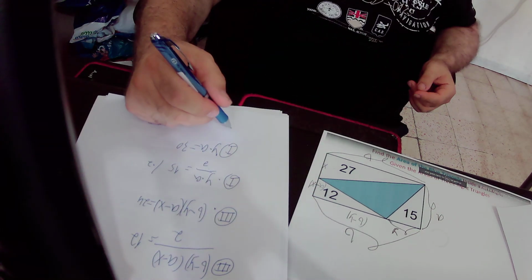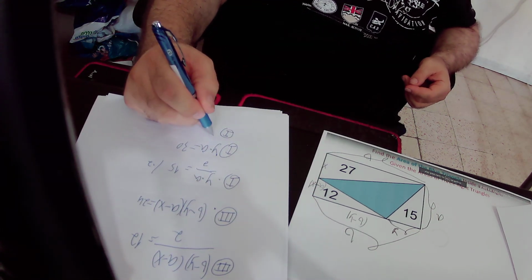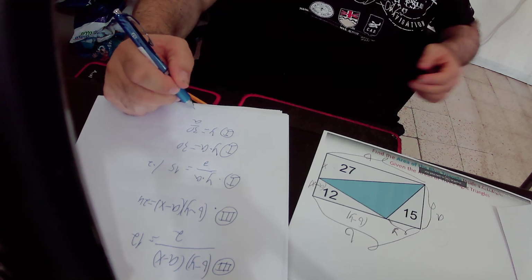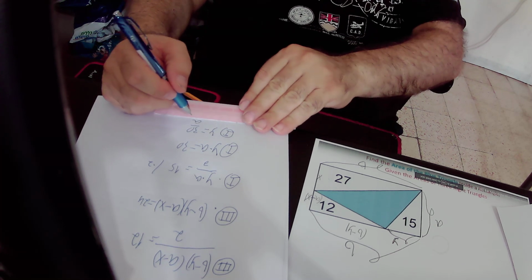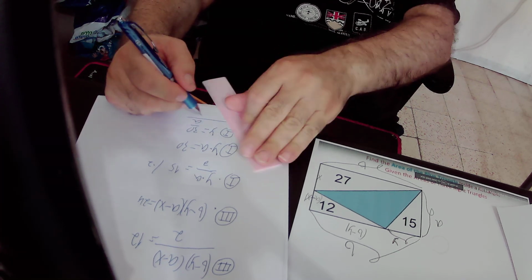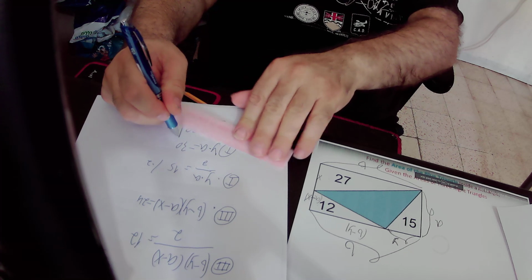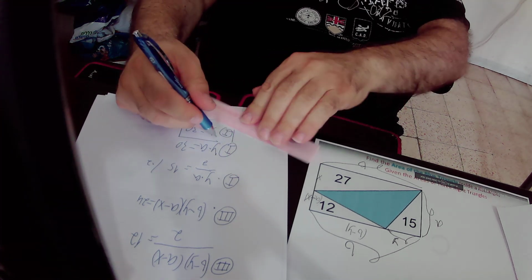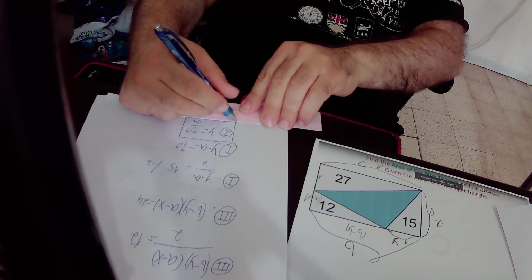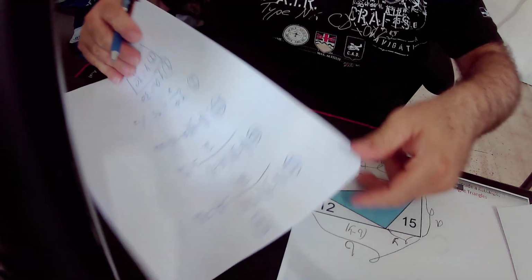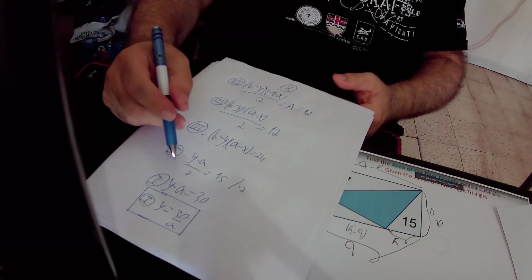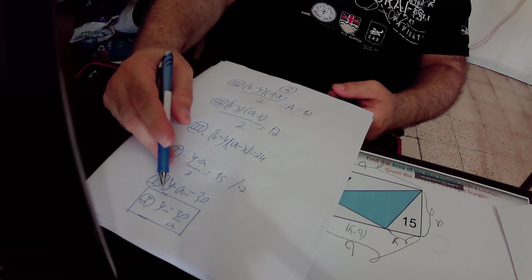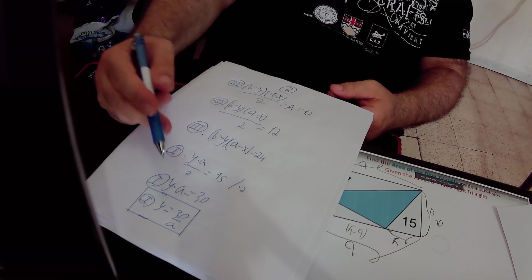We will get that y equals 30 over a. We divided both sides of the equation by a, and we got that y equals 30 over a.